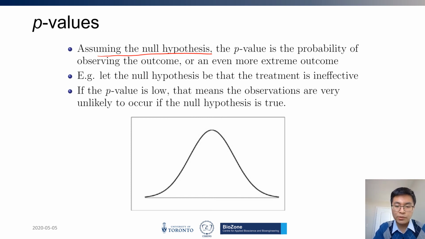Okay, so suppose that this black curve is your control group, and this is a distribution of some variable that you're measuring within all these people or the subjects in the control, and you have some treatment group that have data points that are clustered around this region here.